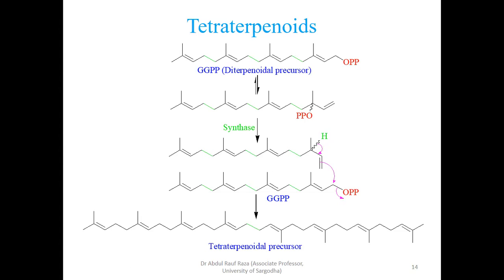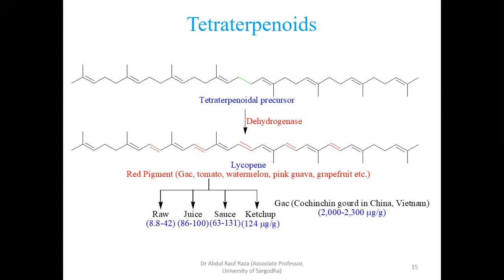Which is the basic precursor for triterpenoid. Similarly, when GGPP, the diterpenoid precursor, combines, it forms a 40 carbon unit. But this is not given any specific name. This is commonly called the tetraterpenoidal precursor. I hope this shall be clear. Now let's see, if I present a few of its biosyntheses further, how it generates many other natural products. This is the tetraterpenoidal precursor.